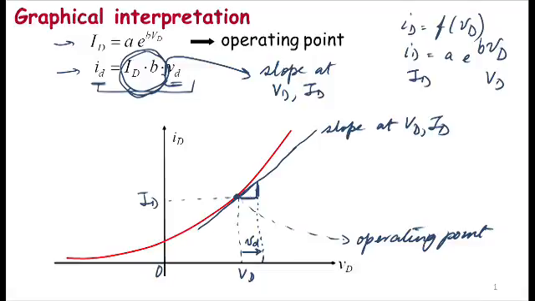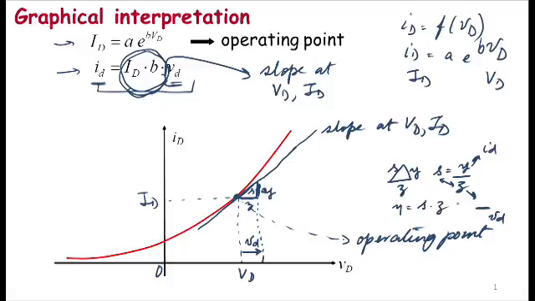If the slope is s and this piece is, let me call it y, and this piece is z, so this is my s, this is y, and this is z. And if my slope s is y divided by z, then what is slope times small vd? The y is my small id, the small change. Z is a small change in VD. And so if I multiply the slope times Z, then I get Y. So Y is slope times Z. Therefore, if I multiply the slope here times Z, I'm going to get the small variation Y.